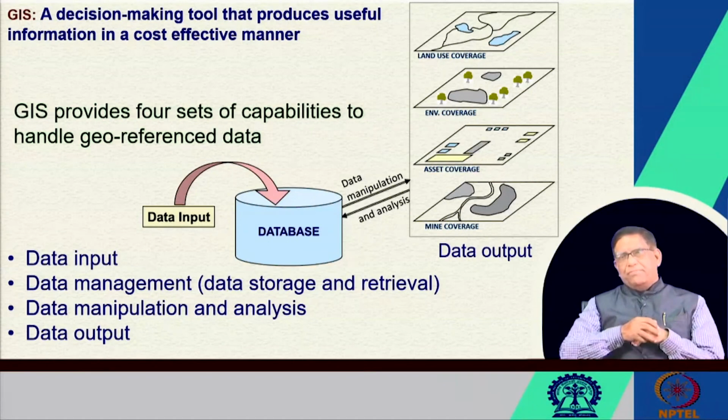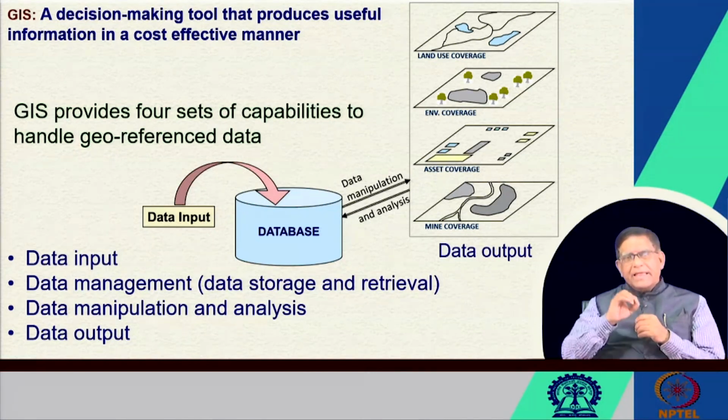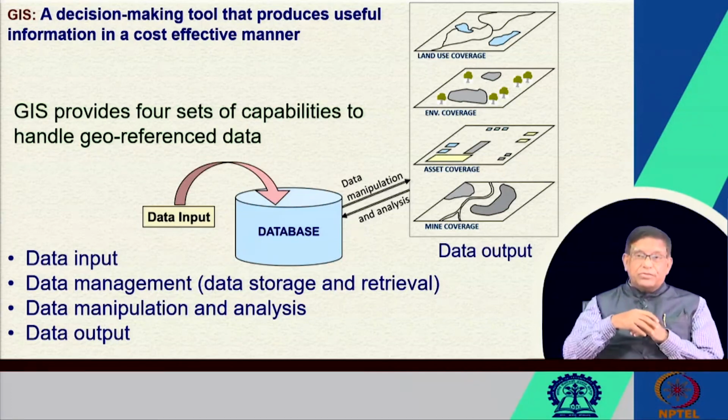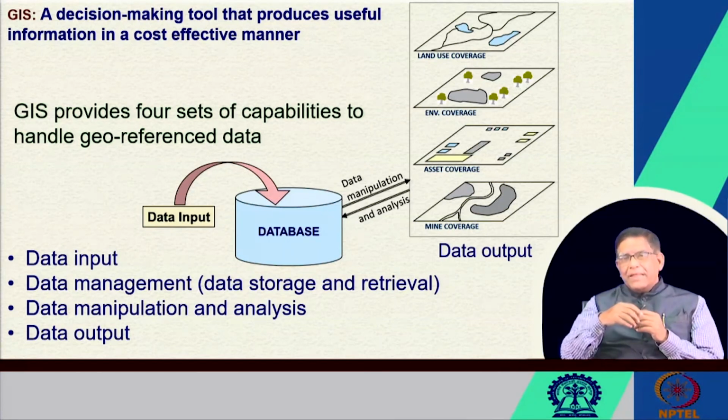In the analysis, the beauty of this geographic information system is that every data is georeferenced, meaning it has its unique latitude, longitude and elevation. It can take point data, line data and polygon data, and it has its own shape. If it is a polygon, its area can also be computed.